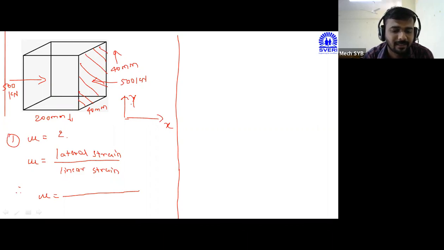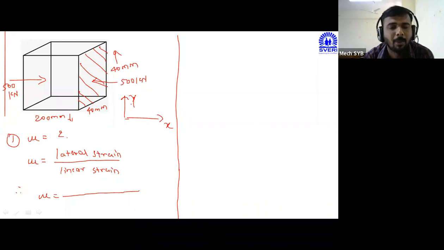Linear म्हणजे काय? What is the definition of linear strain? Y डायरेक्शन मध्ये कसा लिनियर स्ट्रेन असेल? त्या डायरेक्शन मध्ये फोर्स आहे का? 500 किलोन्यूटन फोर्स हा कुठल्या डायरेक्शन मध्ये अप्लाय झालेला आहे?